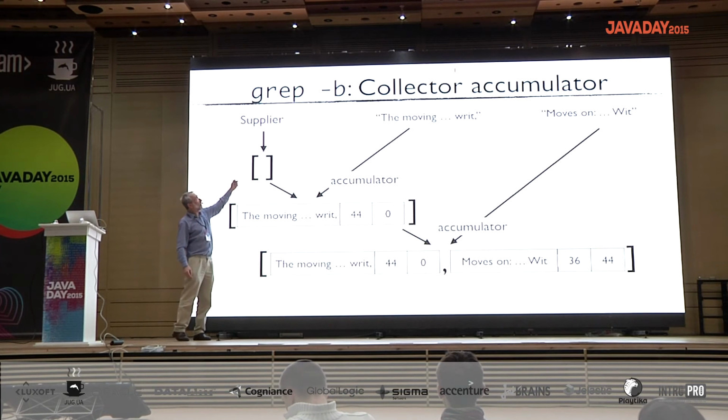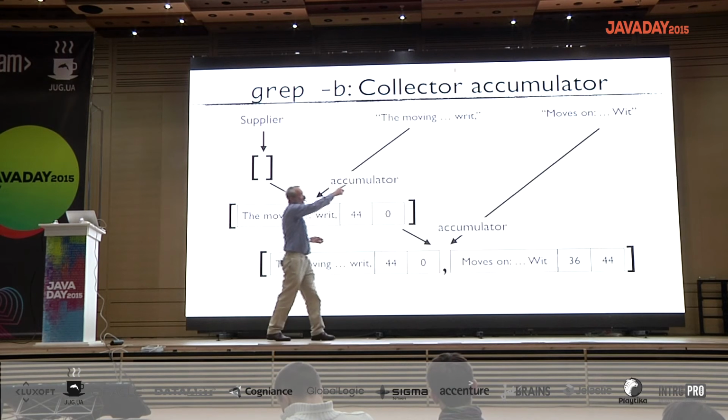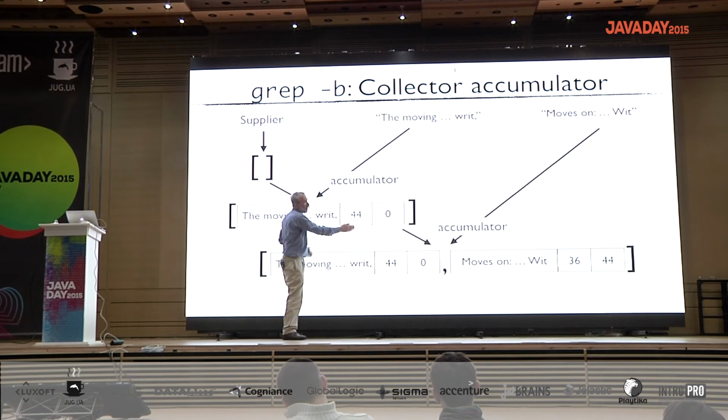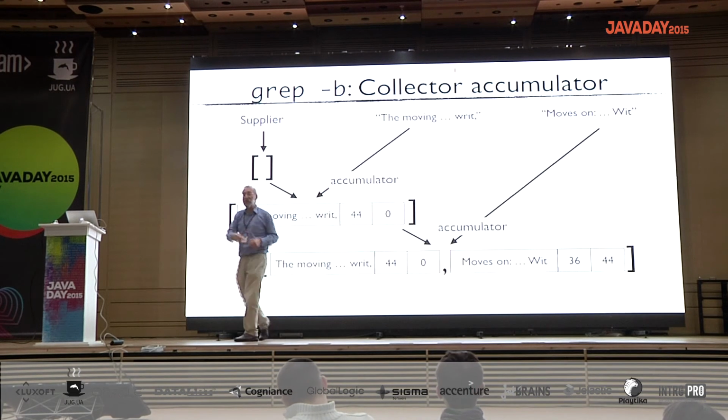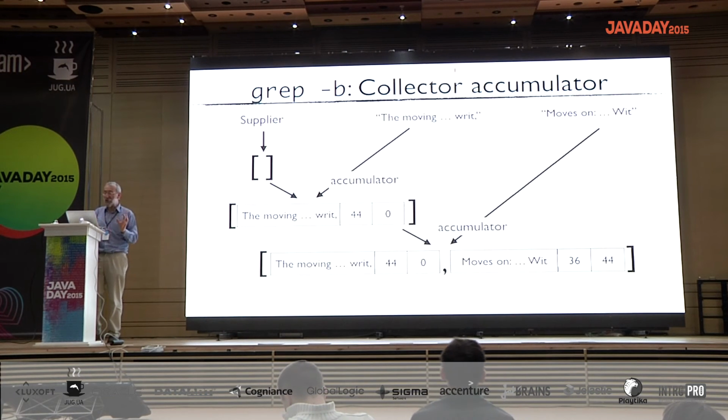We have a thing called a supplier, which produces an empty data structure, and then we add a line into that, and now we can take another line and add that onto there as well. So a single thread can work like this, and threads working together will work as I showed you on the previous slide.